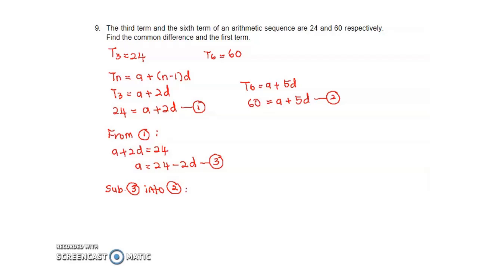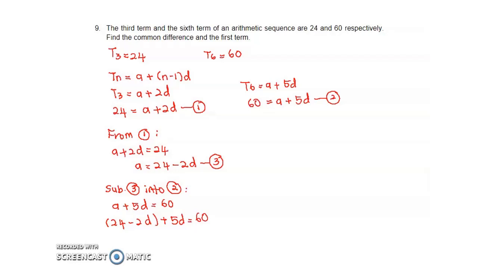Equation 2: A plus 5D equal to 60. We know that A equals 24 minus 2D, so substitute and continue: 24 minus 2D plus 5D equal to 60.